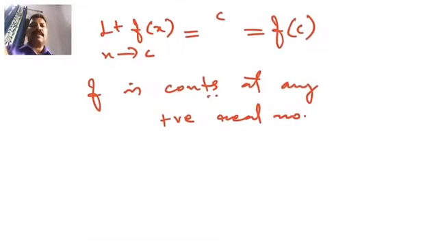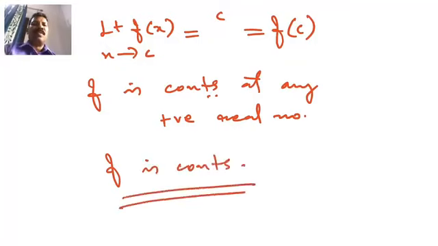Thus, we could prove that the function is continuous at every real number. First we proved it is continuous at 0, then at negative real numbers, and now at any positive real number. That is, the modulus function is continuous because it is continuous at every real number. So we can conclude that the modulus function is continuous.